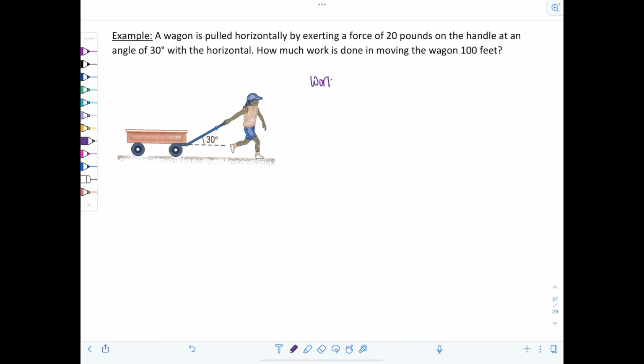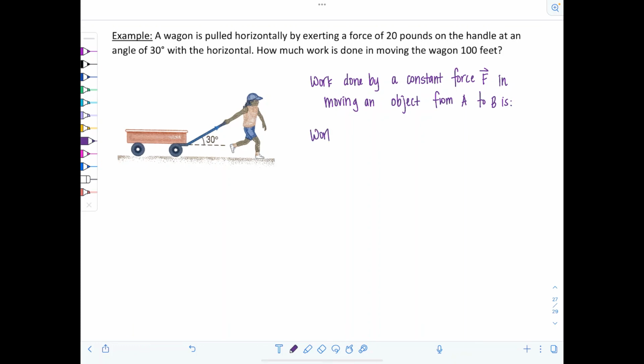So to compute the work done by a constant force, which I'll call F, in moving an object from A to B, this is defined as follows.